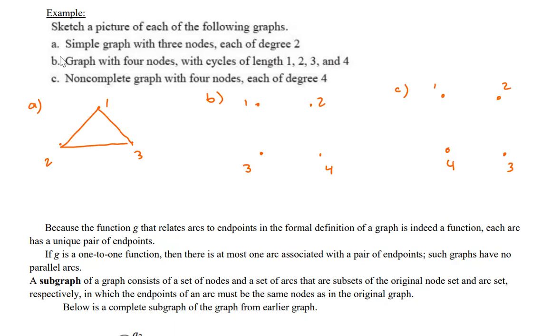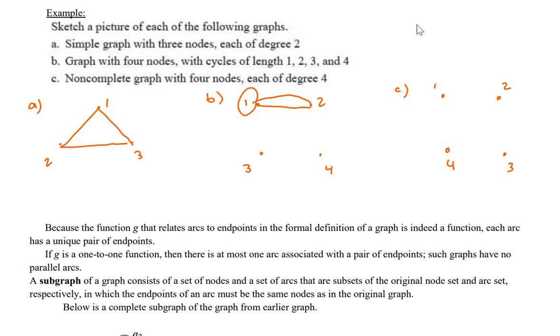So for A, here is a simple graph with 3 nodes, 1, 2, 3, each with 2 degrees. For B, a graph with 4 nodes with cycles of length 1, 2, 3, and 4. We could start with 1 to 1. There is cycle 1. Then 1 goes to 2 and back to 1. Here is cycle 2.